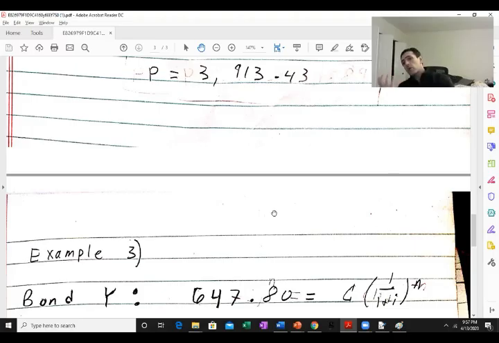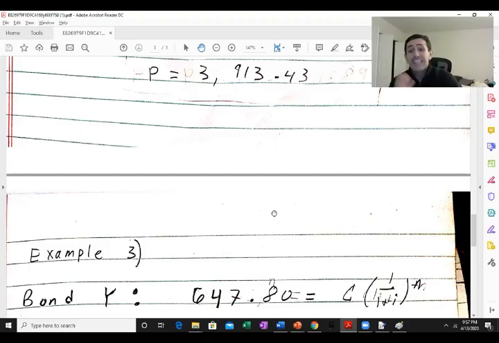So how do you figure out what you price that at? Well, you just take the present value of C. If you pay something to get C in n periods, you take the present value of C to figure out what you're willing to pay for that. That's something we've done a million times.